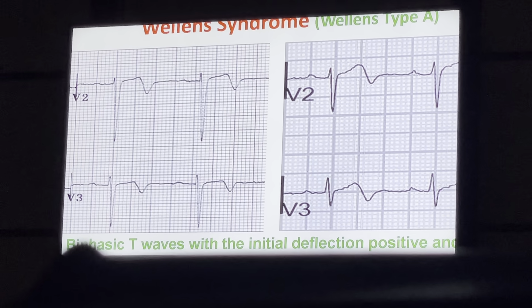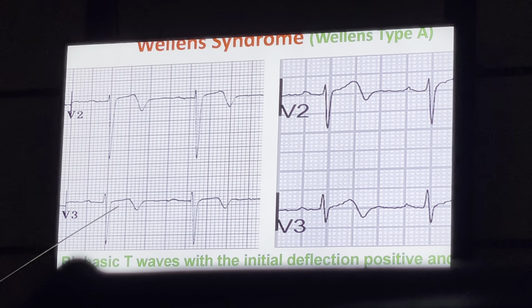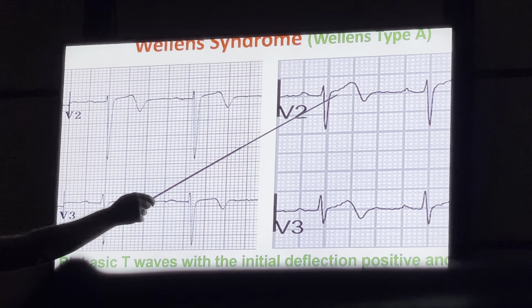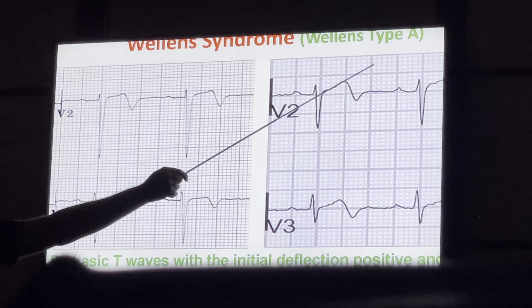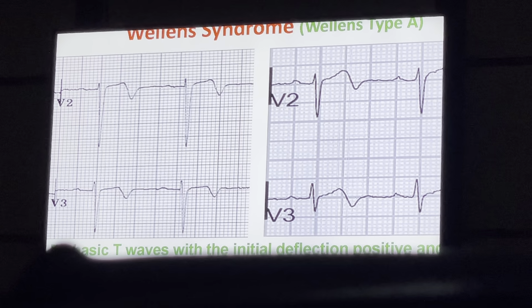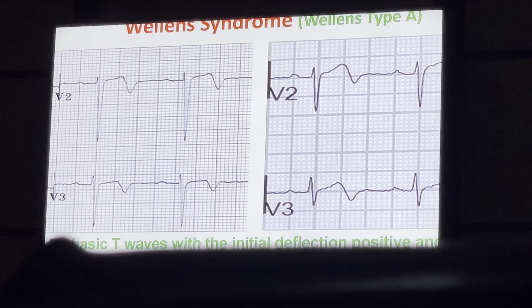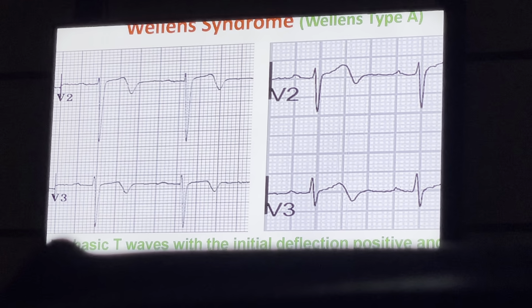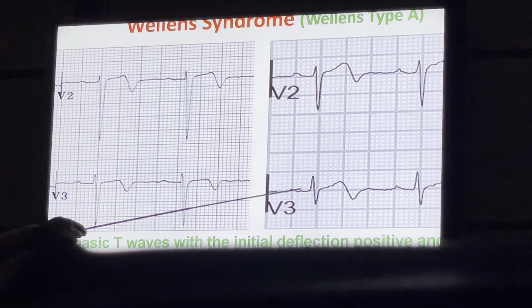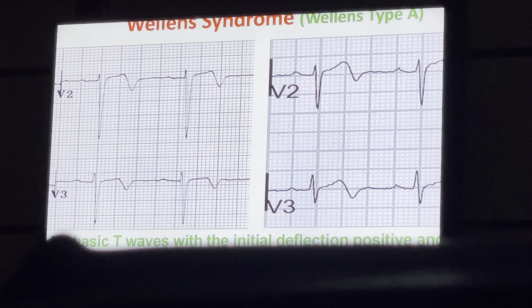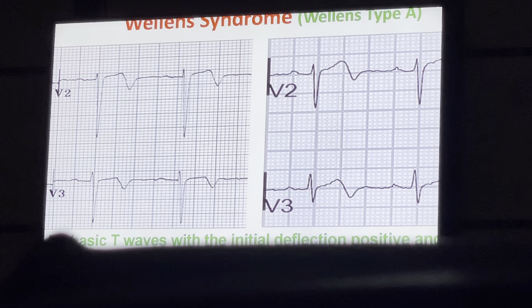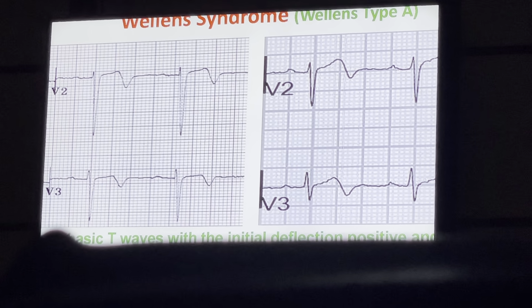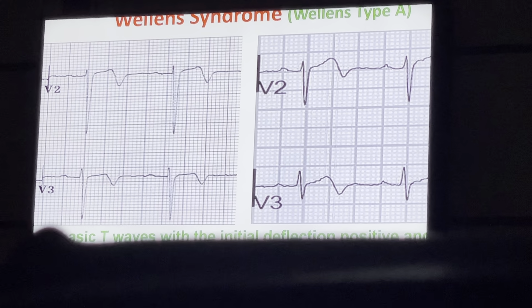Next. So here this is a biphasic wave in which the first component is positive, second is negative. We call it Wellens type 1. And another important thing is there is no Q wave. If there is a Q wave, this is not Wellens. This is the resolution process of MI.